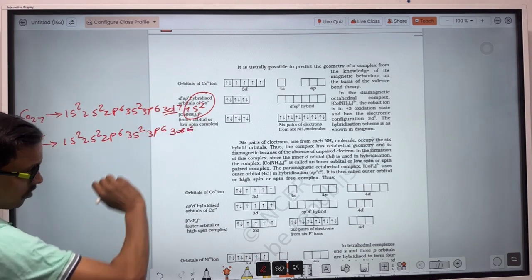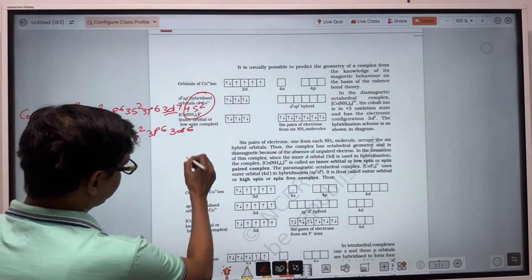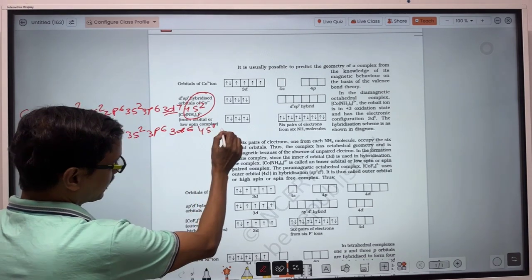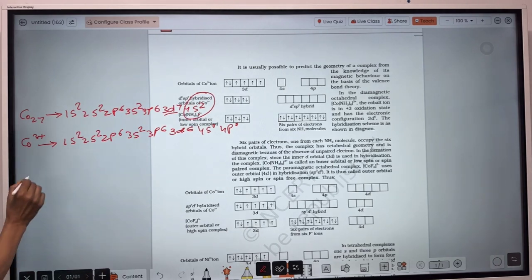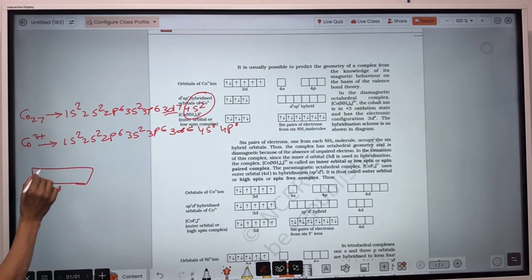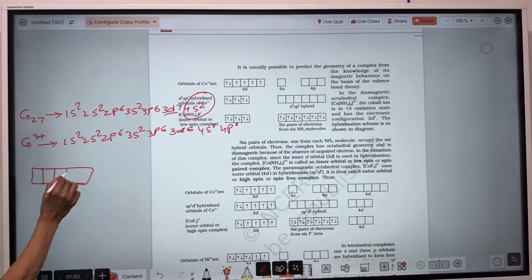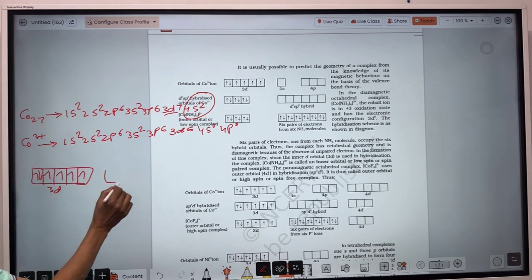There is no electron, but the orbital will be there, and 4p also. So you can also write 4s 0 and 4p 0 here. So here is the 3d orbital with six electrons: 1, 2, 3, 4, 5, and this will be paired. This is the electrons of 3d, and this is 4s.